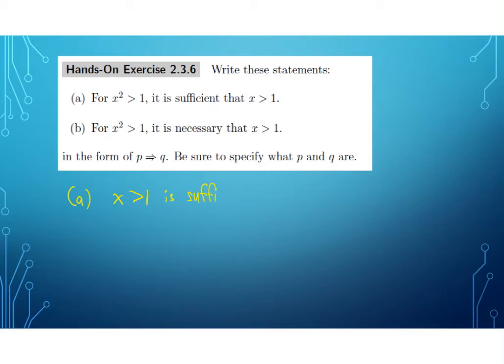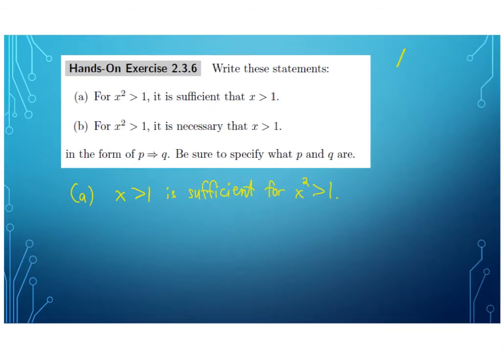I'm doing a little scratch work here, not quite at the final answer yet. x is greater than 1 is sufficient for x squared greater than 1. I rewrote this sentence in a way that helps me more easily determine what goes where. Now remember, if P then Q, this is the sufficient condition and this is the necessary condition.